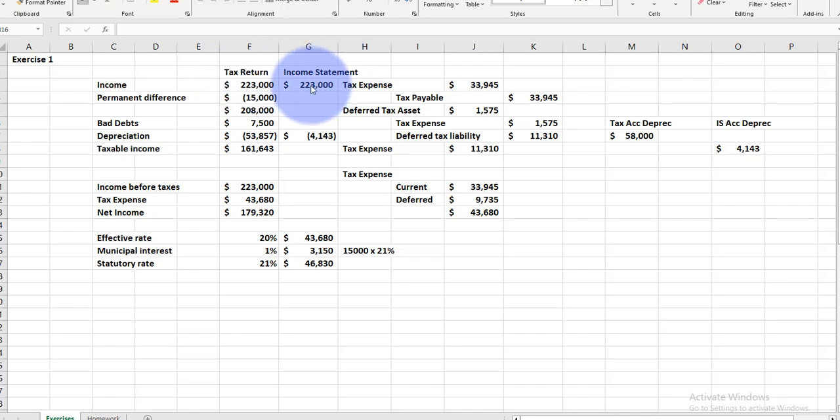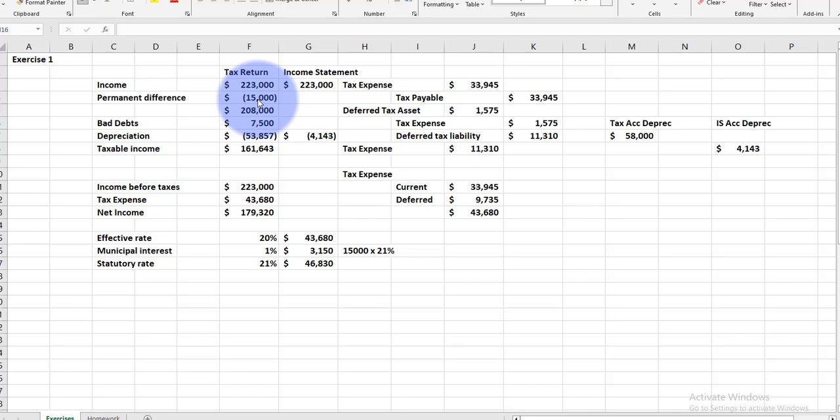We start with the income before taxes as given on the income statement, and then make adjustments when we prepare our tax return. That's typically how most companies do their taxes: they produce an income statement and then create a tax return from that. When we make the tax return, we're going to deal with the municipal interest.